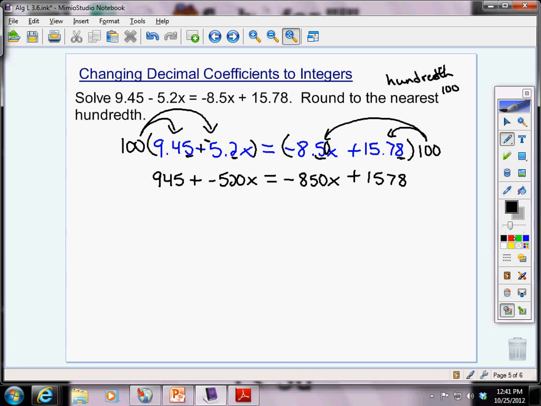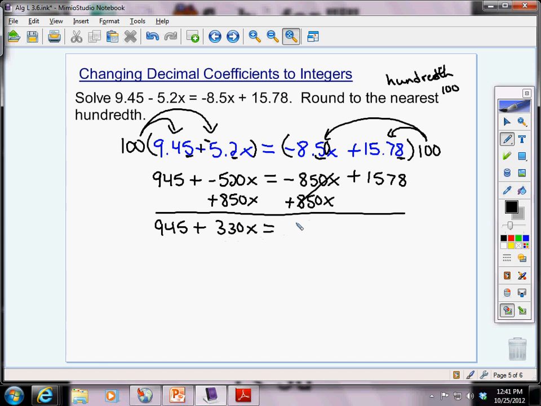Okay. Then just quickly, if you want to go through and solve this, get rid of your x's on one side. Whatever you do to one side, do to the other. Again, if you would have rather added 520 to each side, you could. This becomes 945. Negative 520 plus 850 is 330x equals, these cancel, 1,578.